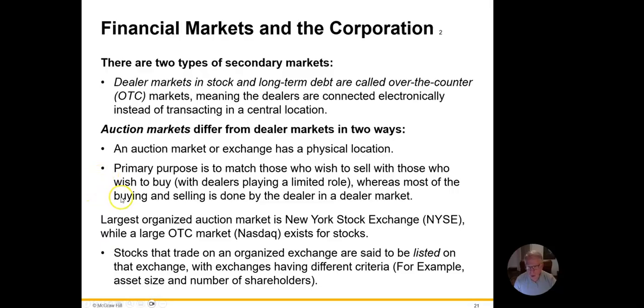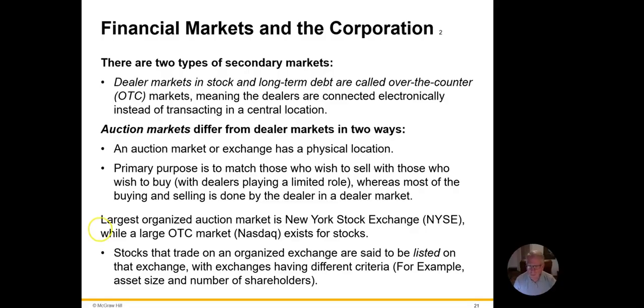So the largest organized auction market is the New York Stock Exchange. And while a large OTC market, often called NASDAQ, exists for stocks. So again, this chapter focuses on definitions. So you want to know these.